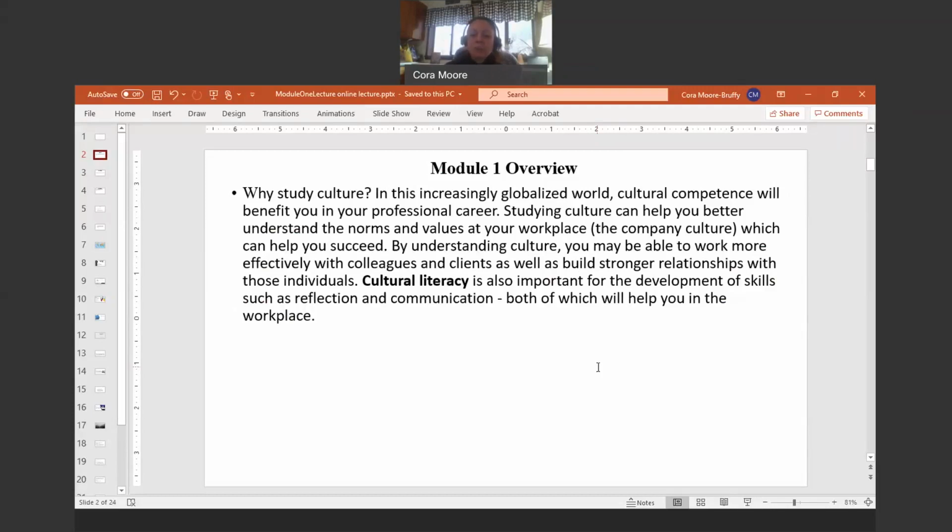So it's important to study culture because we want to have that cultural literacy. What does literacy mean? Usually, when we say literacy, we think of being able to read. When you're literate, you can read, you can research, you can figure out facts from non-facts, and further delve into truth.